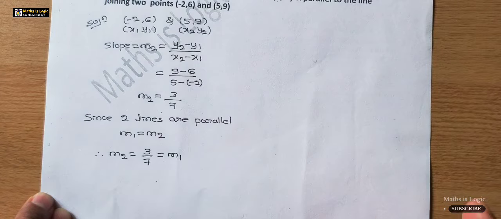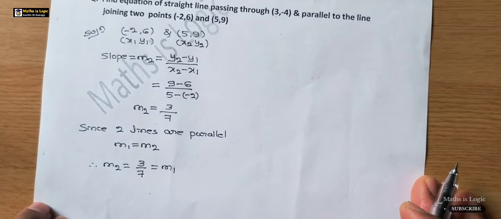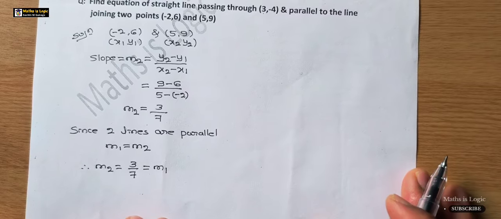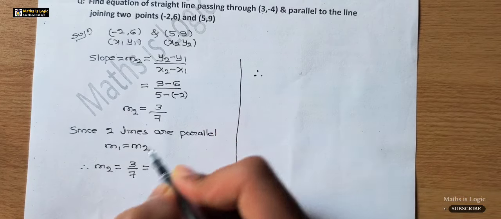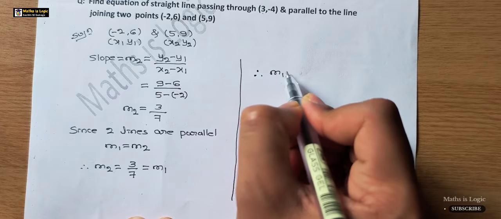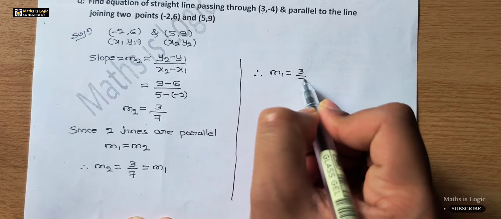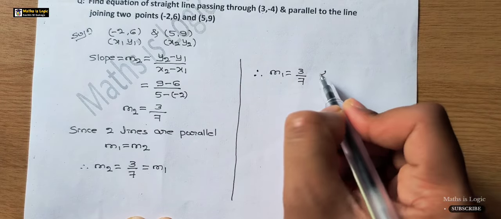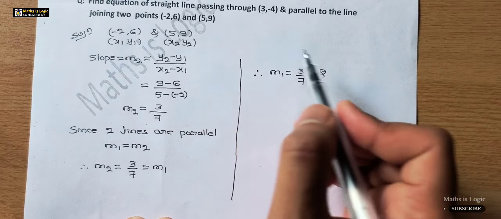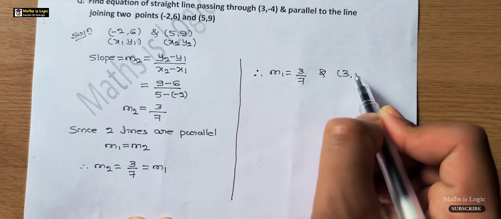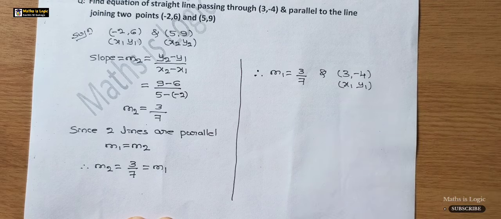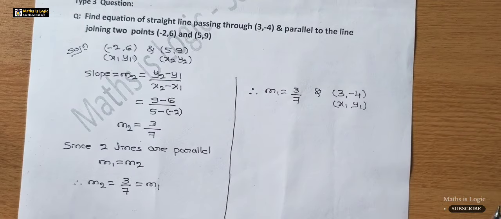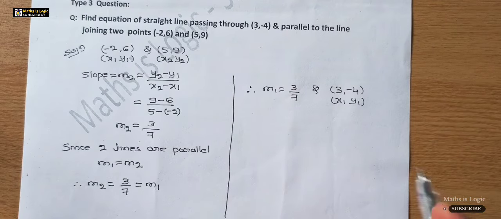So that becomes m1 value because of which condition? Parallel condition. Now therefore m1 becomes 3 divided by 7, and already one point is given. What is that point? 3 comma minus 4 consider as x1 y1. Now find out equation of straight line.